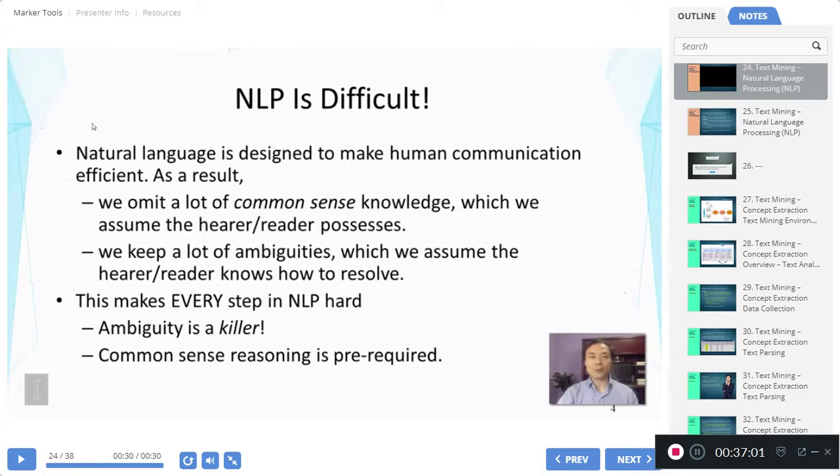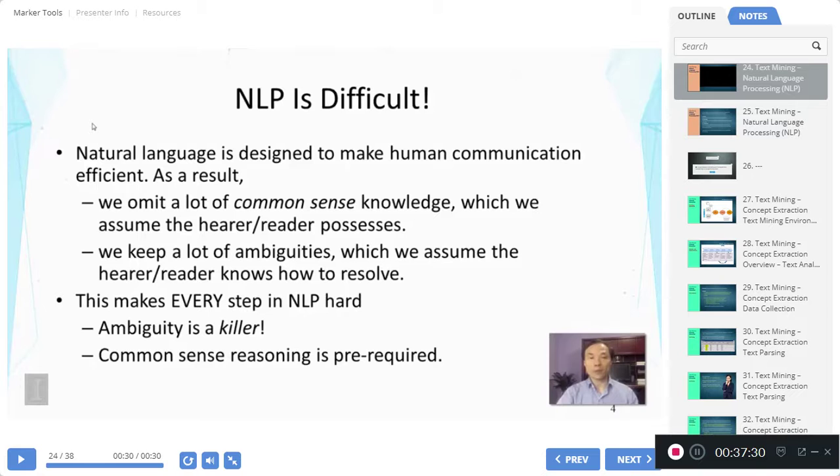As a result, for example, we omit a lot of common sense knowledge because we assume all of us have this knowledge. There's no need to encode this knowledge, and that makes communication efficient. We also keep a lot of ambiguities, like ambiguities of words, and this is again because we assume we have the ability to disambiguate a word.